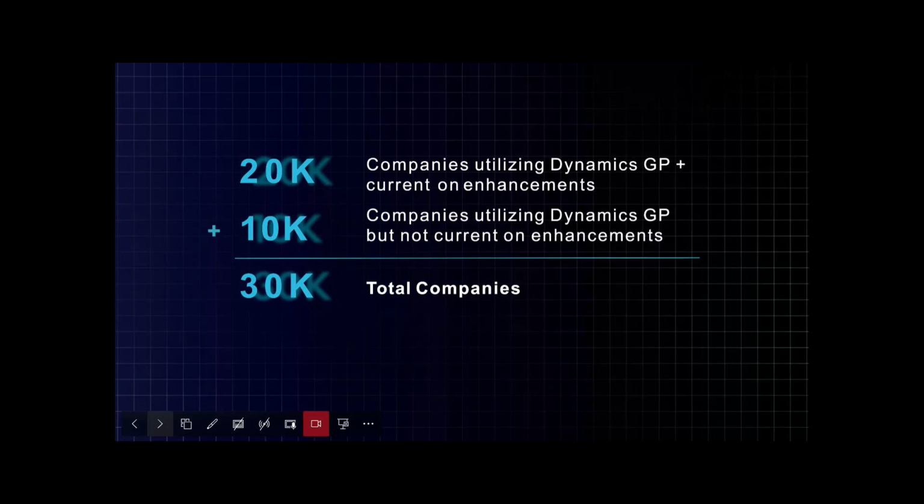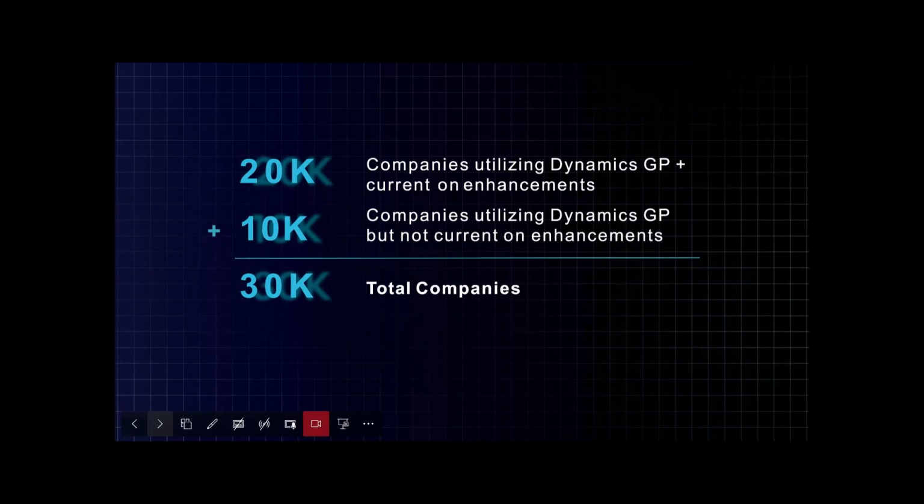All right. That's a pretty big number. It'd be fair to say that there aren't enough resources, not enough human beings with the proper skill sets on this planet to move 30,000 entities from Dynamics GP to Business Central or FNSCM or something else. And we all know, having worked in this business a long time or been a customer for a long time, that ISVs, integrations, custom code, et cetera, every customer is different.